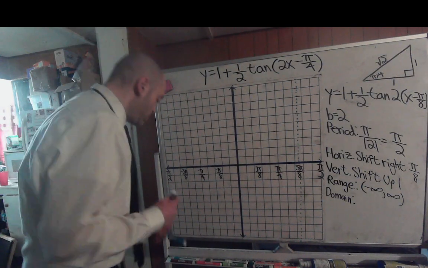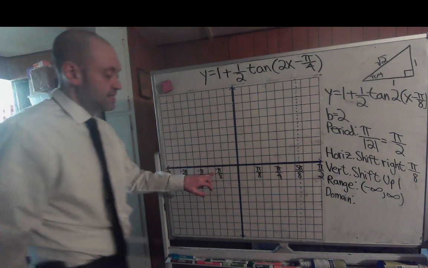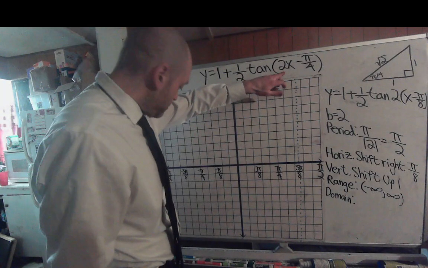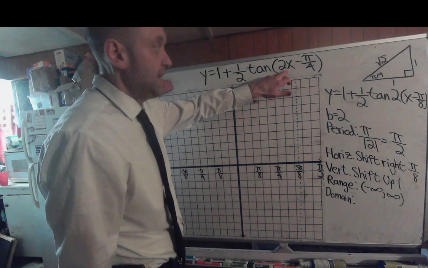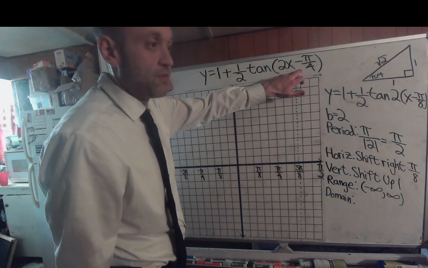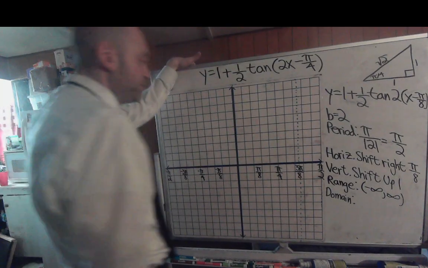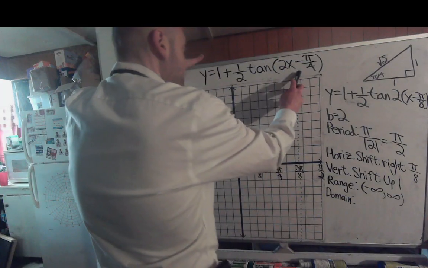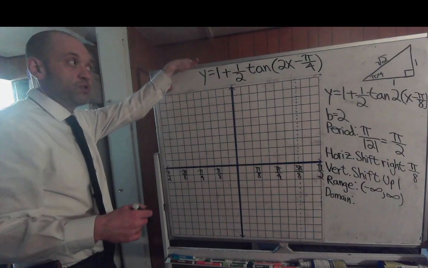Now, what if, let's put in negative pi over 8. Negative pi over 8, if I put that in for x, will give me negative pi over 4 minus pi over 4. That's going to give me the tangent of negative pi over 2, which we know to be undefined.